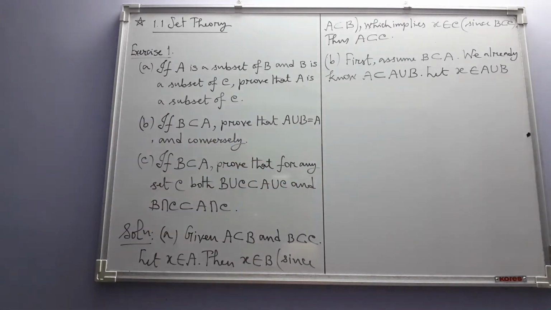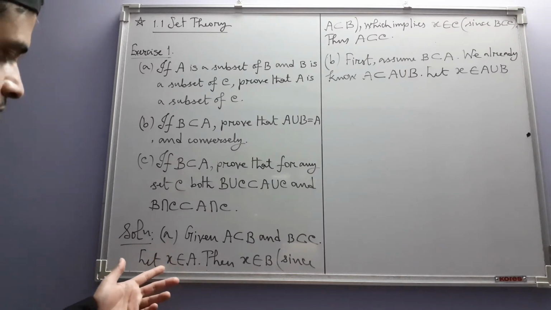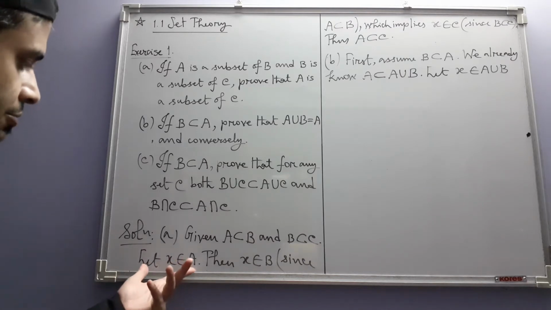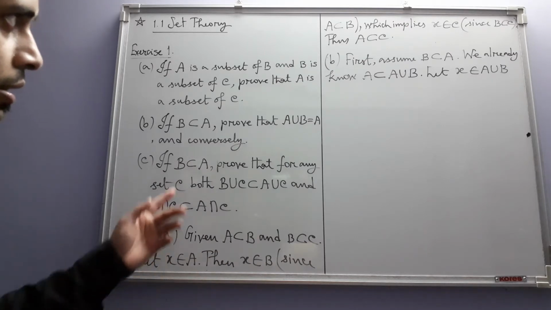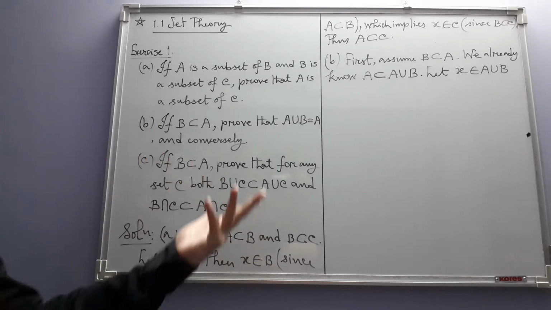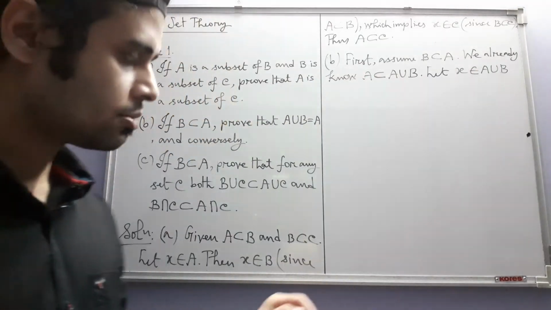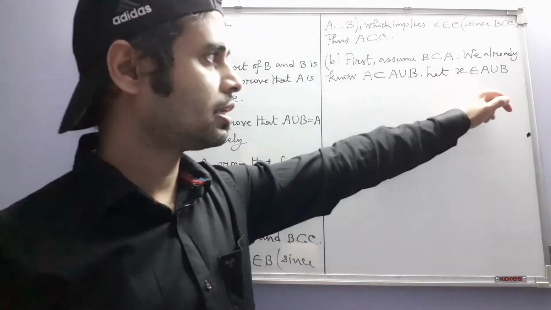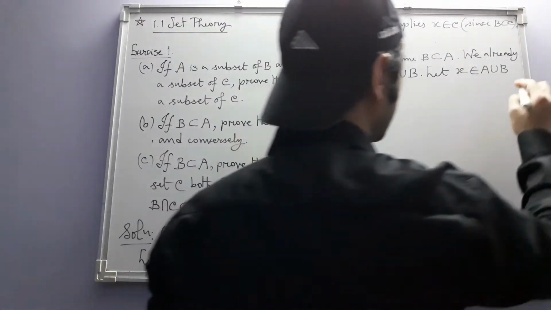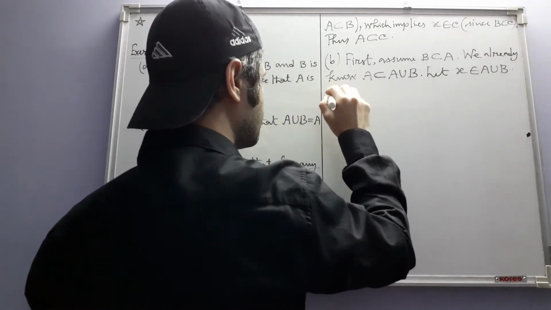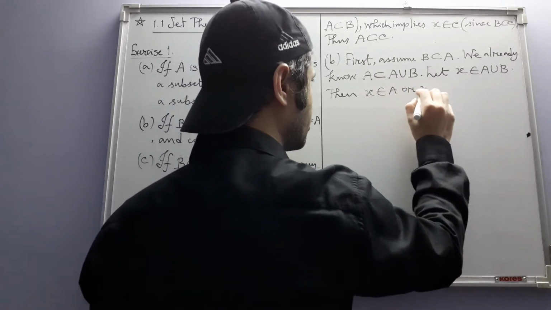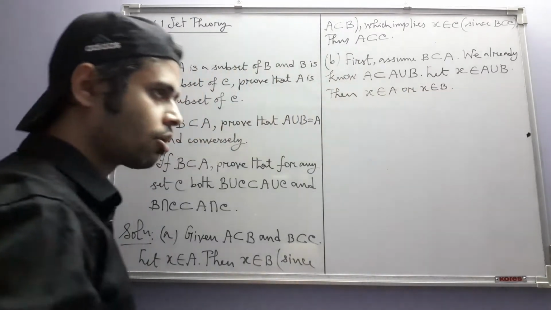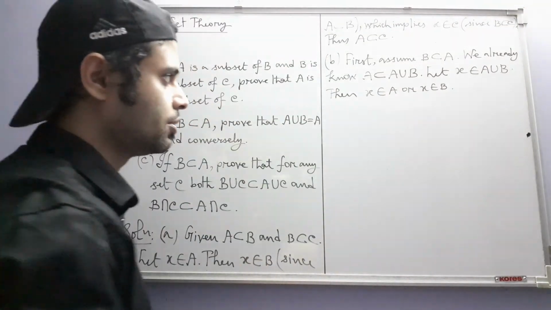That actually does not create any confusion, because x should be viewed as a variable element, any element of A. It's not that it is something fixed in A that we are considering. x just represents any typical element in here, say A union B. Then according to the definition of union, x belongs to A or x belongs to B, or x belongs to both, because this or is inclusive or.